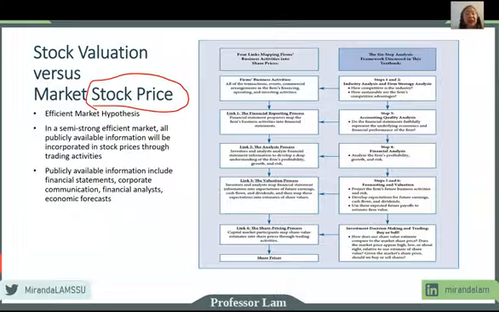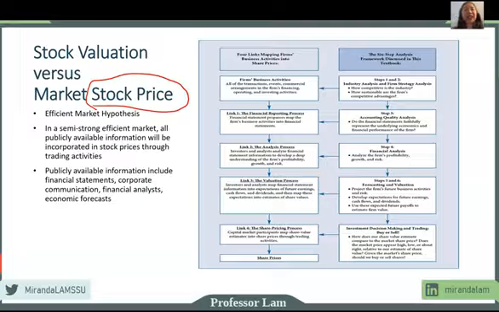However, the market may not be 100% efficient, first of all. And second, if you are an internal manager of the firm, you may have insider information, and that will allow you to come up with a valuation that is more accurate than the stock price, which reflects only publicly available information.